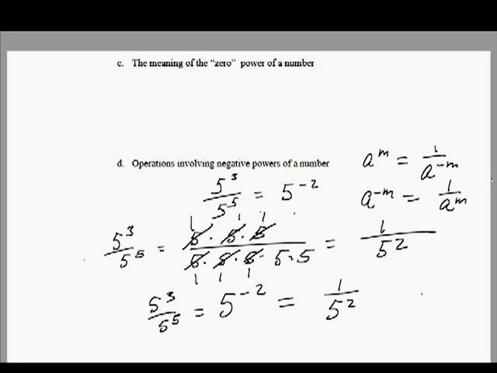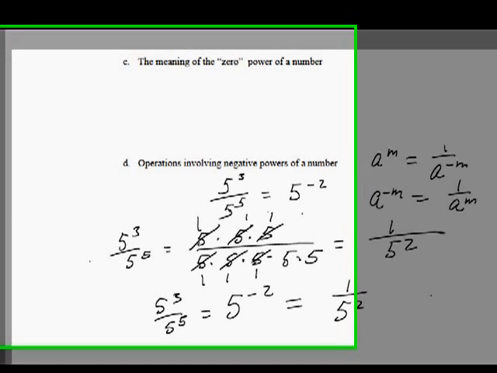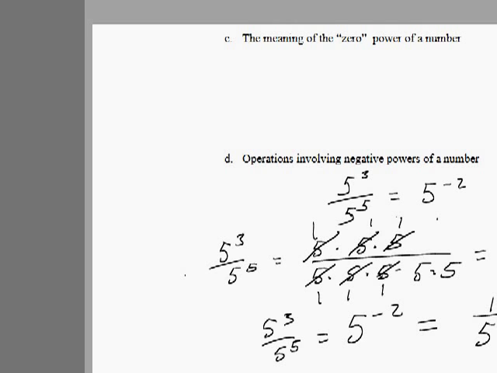So if I have a negative exponent in the numerator, I can write the reciprocal of that, changing that exponent to the positive value. Likewise, if I have a negative exponent in the denominator, I can change that by taking the reciprocal of that and changing the sign of the exponent to positive.